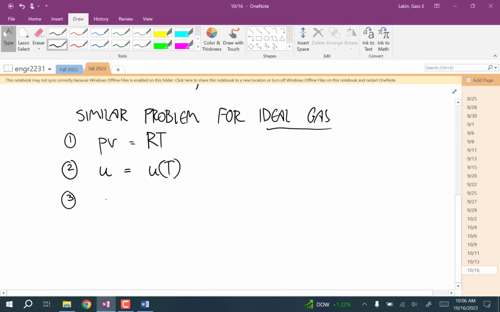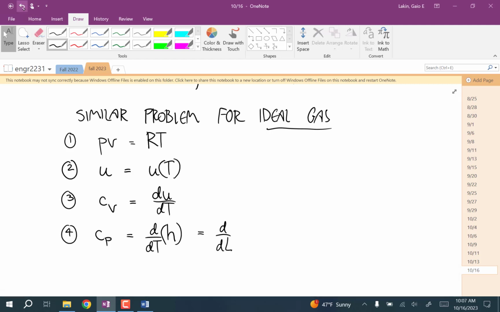Then we know that Cv is equal to du/dT. Cp is equal to dh/dT, which is d/dT of u plus PV, since the definition of specific enthalpy is u plus PV.